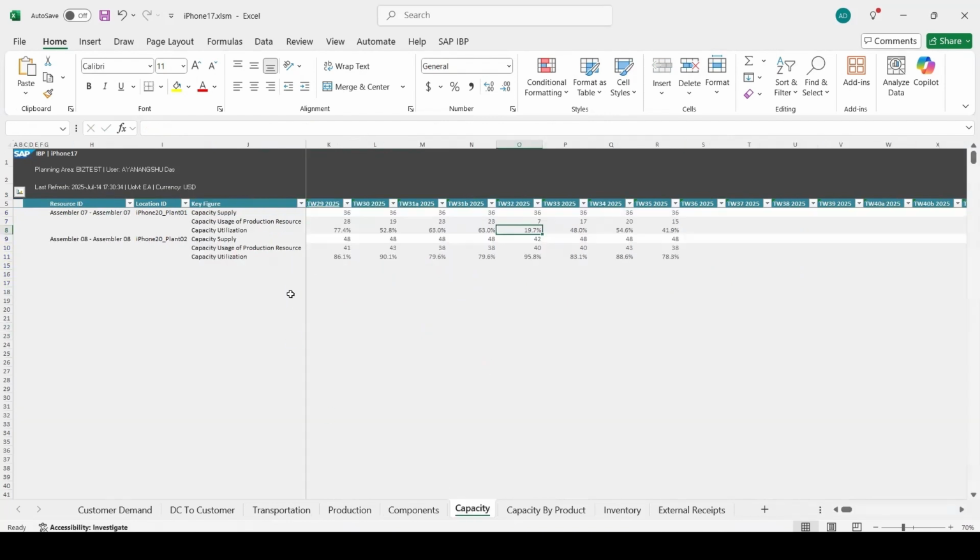So capacity, what we see is that out of the whole capacity in the machine in plant 1, 77% of it is consumed in week 1, whereas 86% of plant two's machine is consumed. On an average, if you see on this week, there is a very low consumption of the machine, whereas there is a high consumption of the machine for this week in this plant, right?